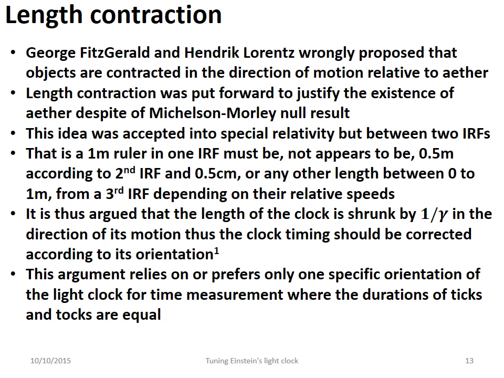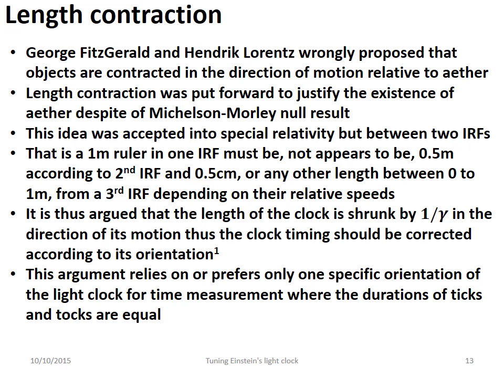The idea was accepted into special relativity, but between two inertial reference frames. That is, a 1 meter ruler in one inertial reference frame must be, not appears to be, half a meter according to the second frame, and half a centimeter or any other length between 0 and 1 meter from a third reference frame, depending on their relative speeds.